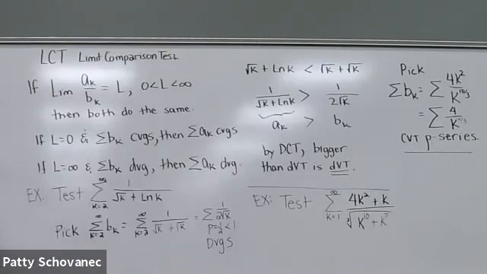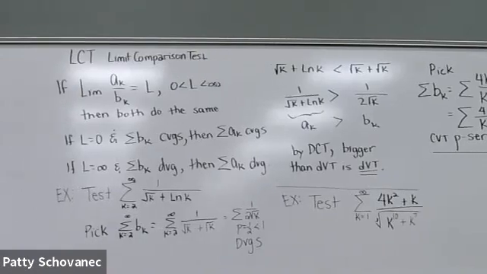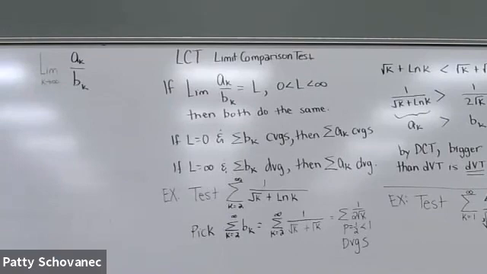I'm going to take the limit as k goes to infinity of the aks over the bks, the given series over the series that I just built.